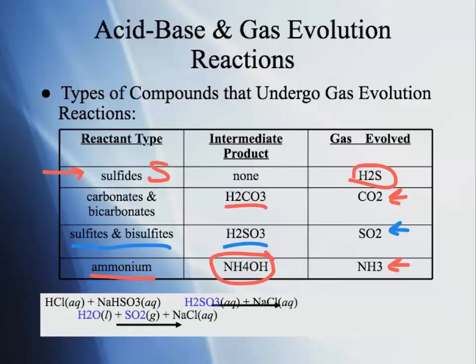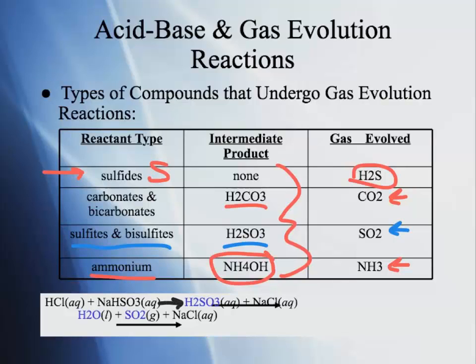Okay, so again, this is something that you will have on tests and quizzes, so you don't need to necessarily memorize it, but just know that it occurs, and anytime you see any of these, you recognize that they are intermediate products and you're not done with your chemical reaction yet. You actually need to go that one step further and say what gas will actually be made in the end.